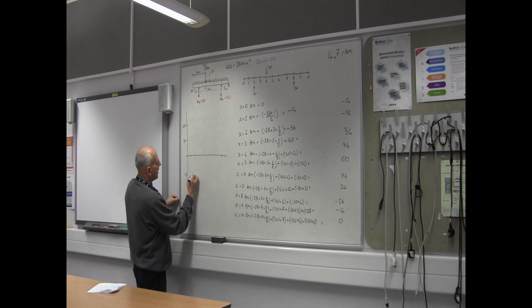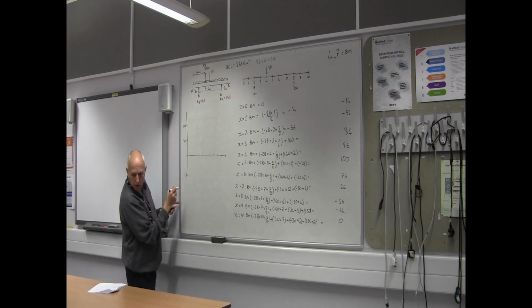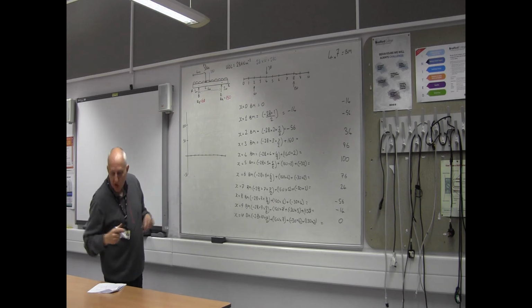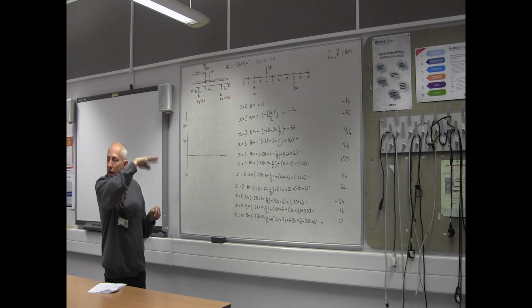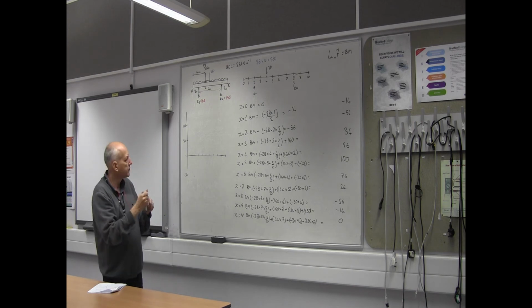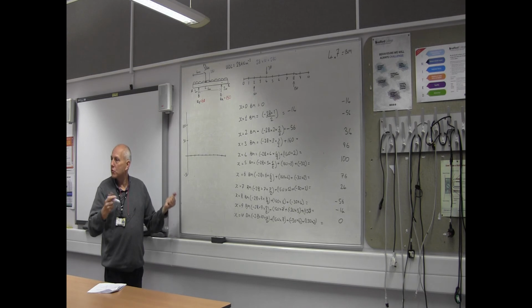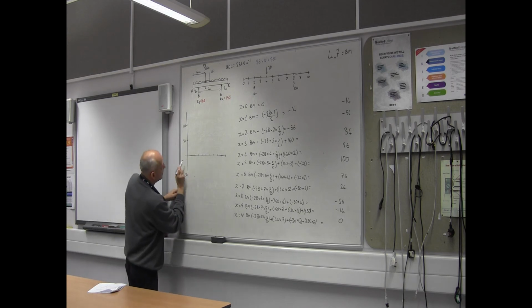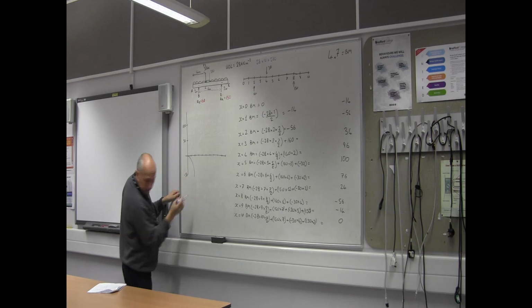So at 2 here it goes down to minus 56, is it? Yeah. And that's a curve, because it's a distributed load. So on these you always get a curve where the distributed load is. That's exactly what would happen when you were bending something like that. It would bend, unless it's sheared, of course. So it bends down to that.